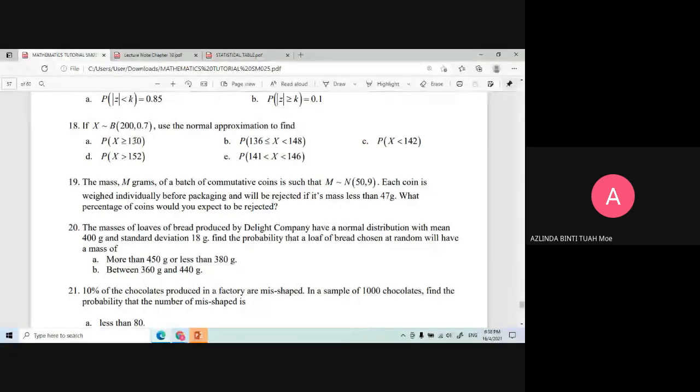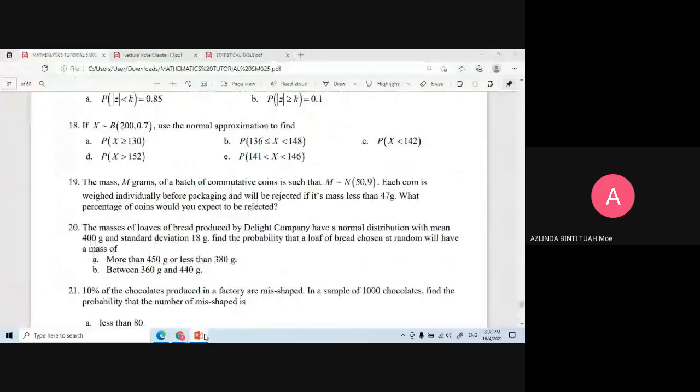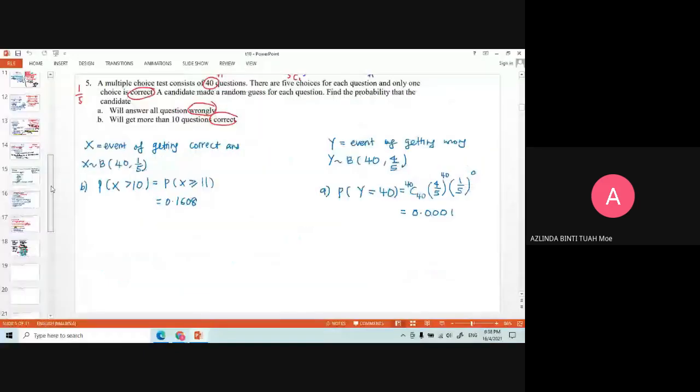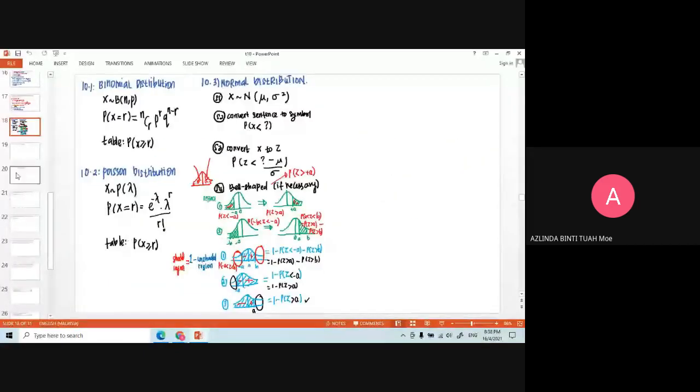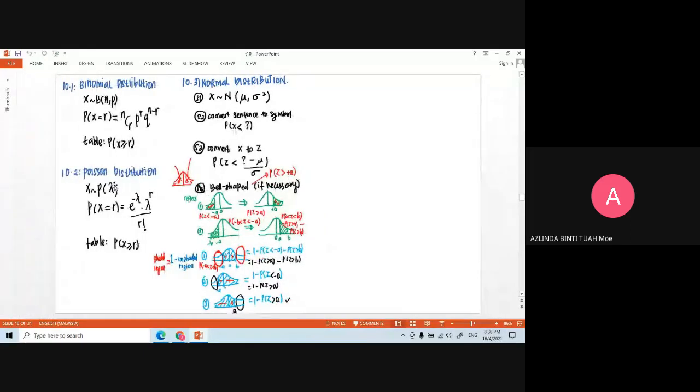Okay, let me remind you of the 4 steps of solving normal distribution. In the previous lesson, we looked at the summary of 10.1, 10.2 Poisson distribution, and also 10.3, where we have 4 steps in order to solve normal problems.